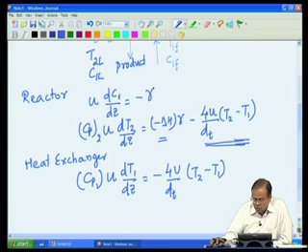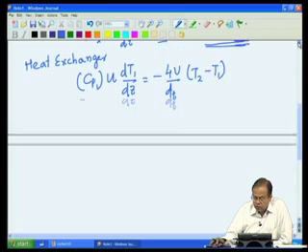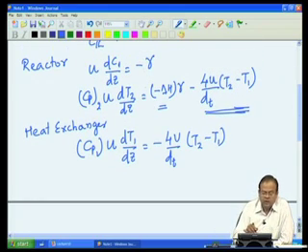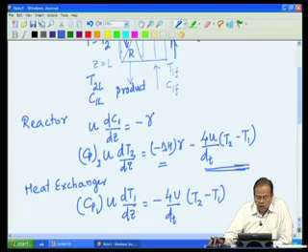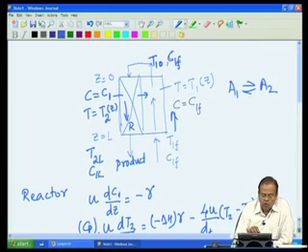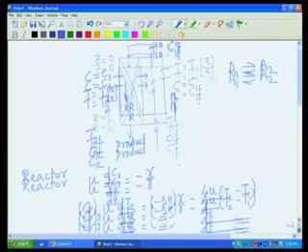So now let us try to write these two energy balances and the mass balance. We need boundary conditions for this. So what all do we know? For example, we know that the concentration at the inlet of the reactor is C1F, that is my feed condition.